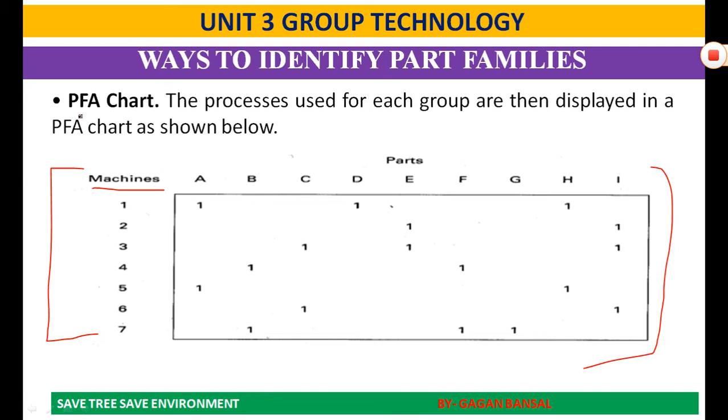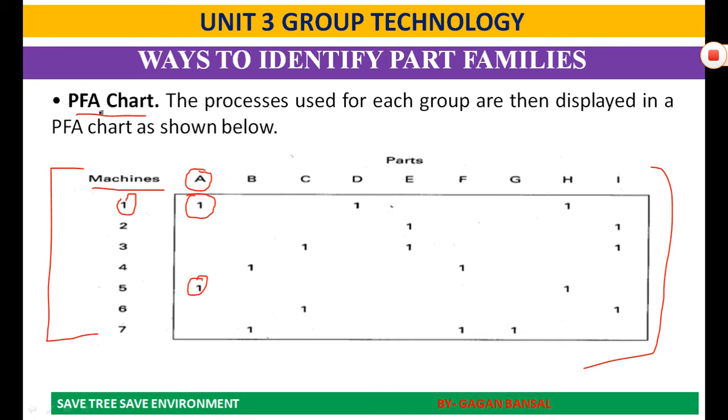What this PFA chart indicates is, let's see here, suppose we see a 1 marked in the A1 cell, that is, part A is produced by machine 1. Similarly, part A is produced by machine 5 also.